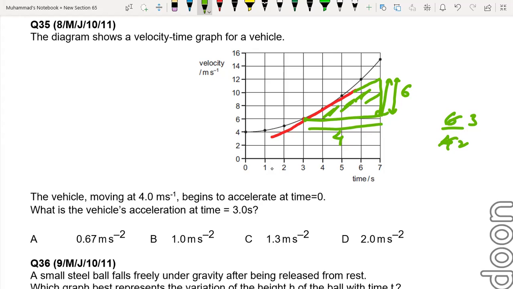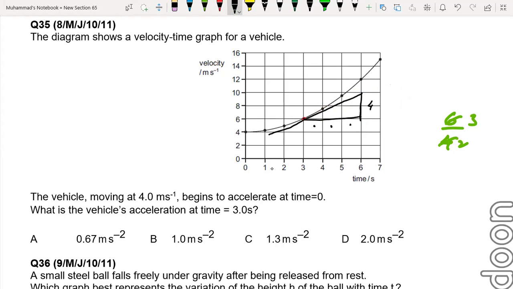My tangent may be a little wrong because it is not touching it. I have to draw it with a sharp pencil at t equal to 3. So that will look like this. And if you calculate the gradient of this, you will notice it is 6 to 10, that is 4.